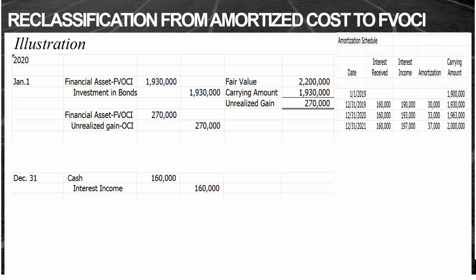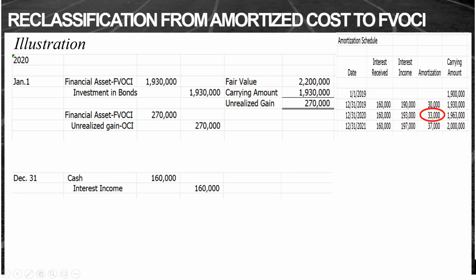So there's no change in the effective interest rate. Therefore, the amortization schedule that we computed earlier is still applicable, even though our financial asset is now FVOCI. So with that, this 33,000 is the applicable amortization for 2022.